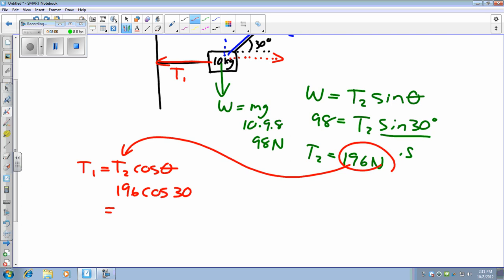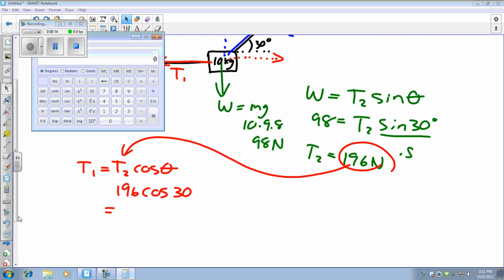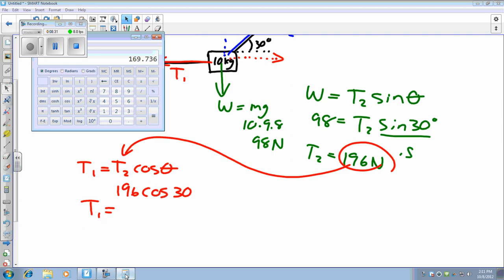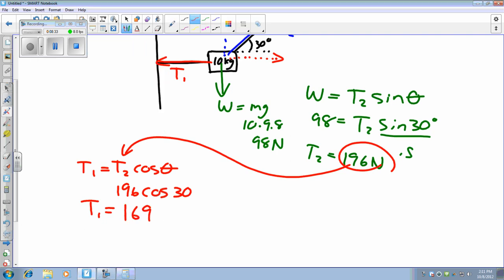So 196 times the cosine of 30, 196 times 0.866. Let me get the calculator up here. 196 times 0.866 should give me 169.74, so T1 is 169.74 newtons.